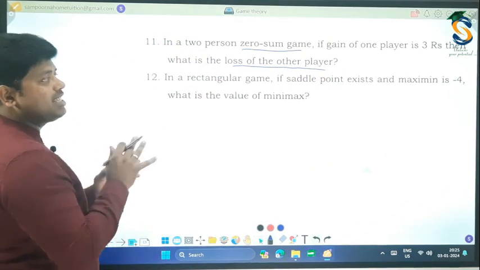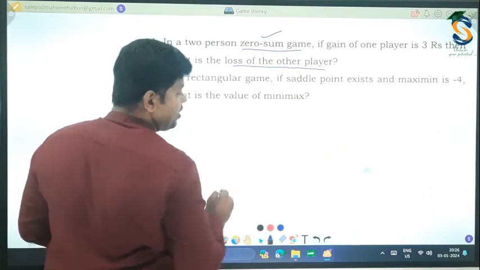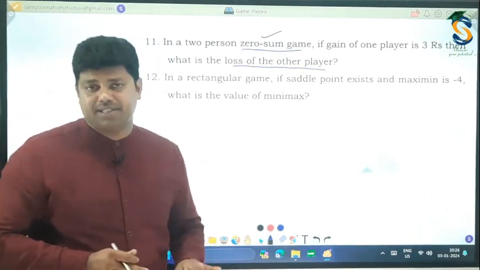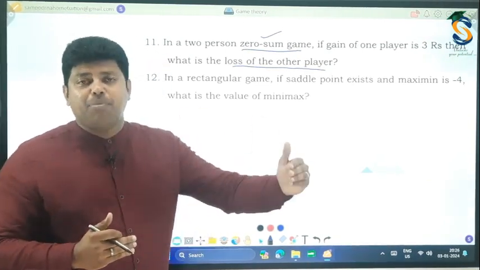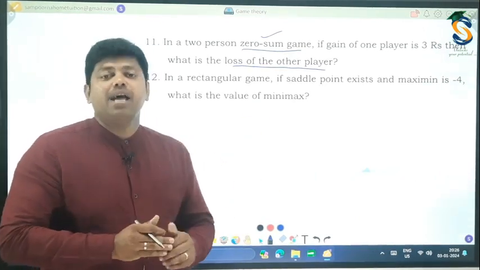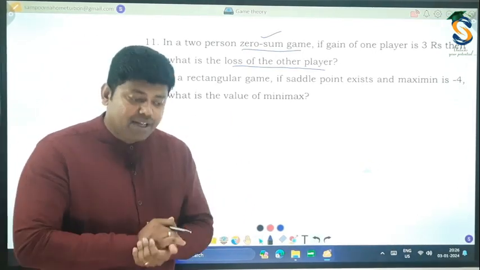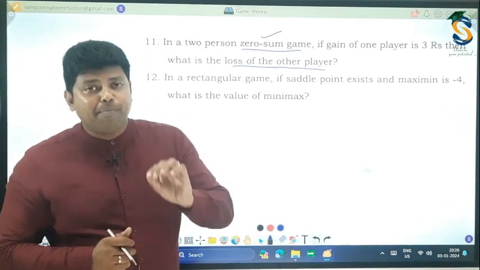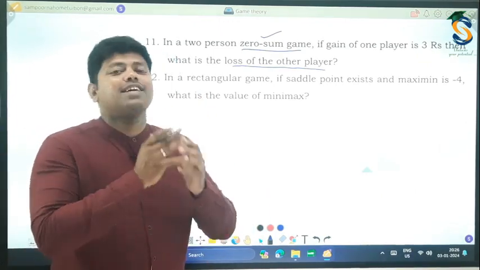See, always you have to understand, first of all, what do you mean by zero-sum? Zero-sum game is that game in which if there are two players, the player A profit and player B profit, when we add up, the sum will be 0. Hence we say it is a zero-sum game. I repeat, a zero-sum game means a game in which the sum of the profit or loss of the two players will be 0.